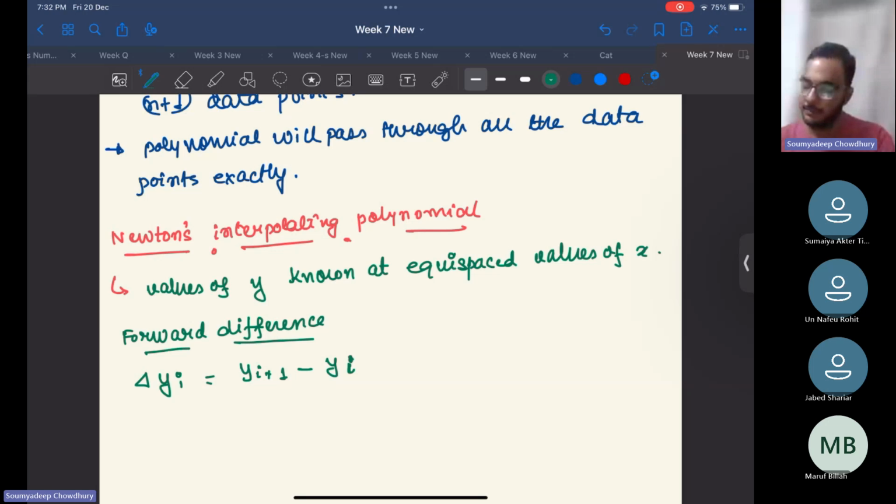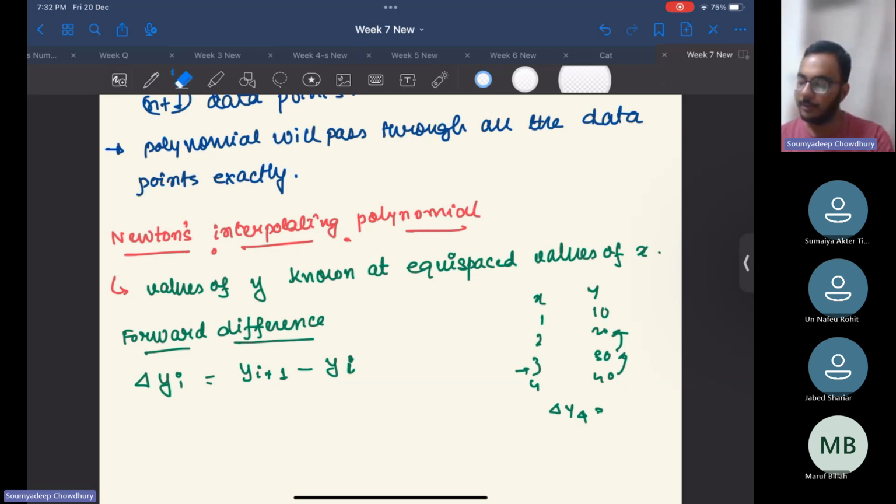Suppose you have 4 data points, x and y, with x as 1, 2, 3, 4 and y as 10, 20, 30, 40. If I tell you to find delta y4, it will be 40 minus 30. For delta y3, 30 minus 20. Since we are going in the forward direction, it is known as forward difference.